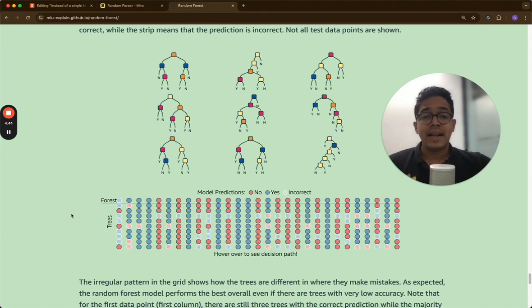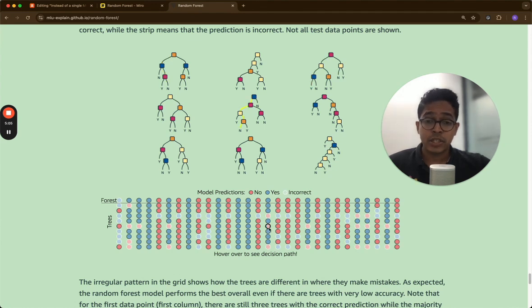So this shows that the random forest, because it collectively makes a decision based on the decision made by the majority of the trees, gets more correct decisions on average. And the color is easy to guess, because if the majority of the trees in the forest said yes, then the collective decision will be yes.